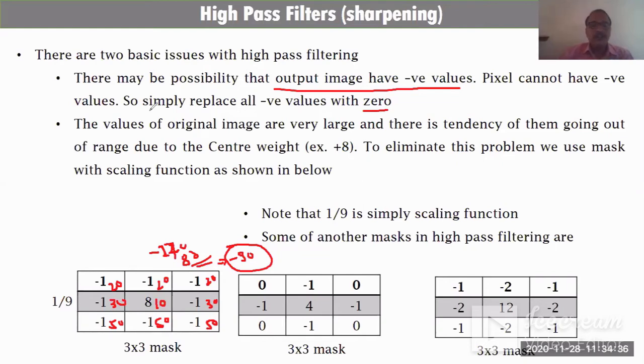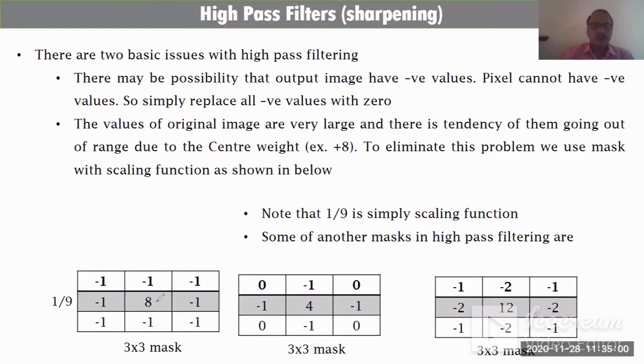Then the second one: the values of the original image are very large and there is a tendency of them going out of range. In some situations, the output value will be more than the range. For example, suppose this value is 50 and all the other values are 10.